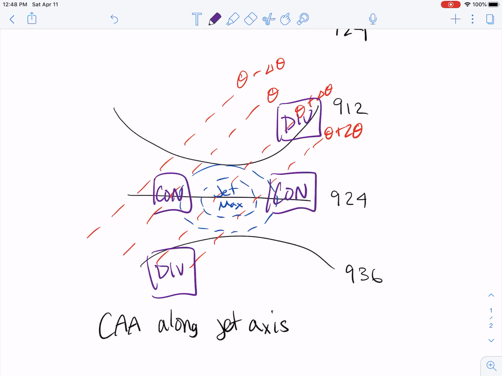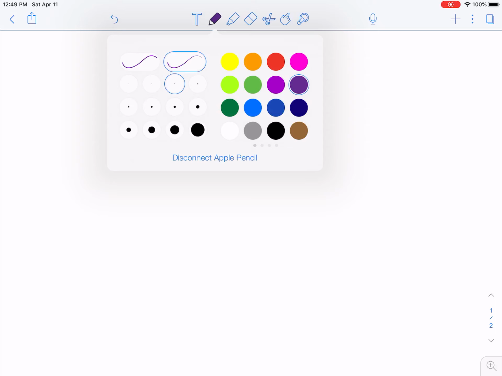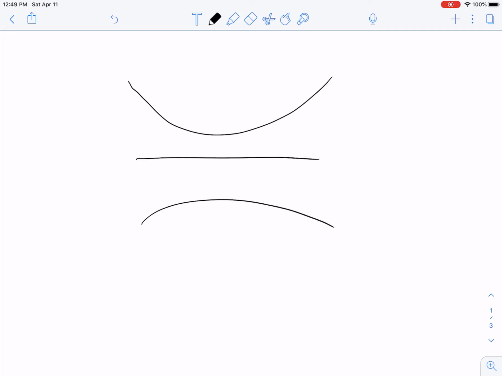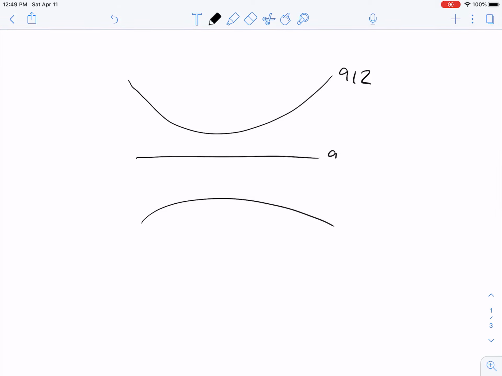Similarly, we can draw one for warm air advection along our jet axis. Again, using just our straight jet geopotential heights here. Again, 912, 924, 936 for demonstrative heights here. We have our jet max in the middle. But now our isentropes are going to be oriented the opposite way at 45 degrees or so.